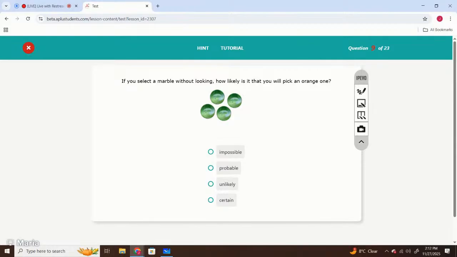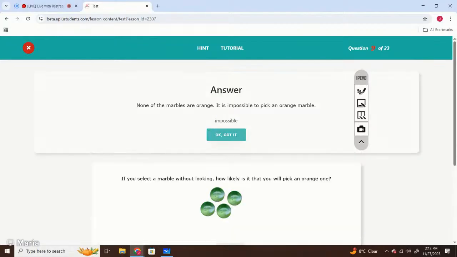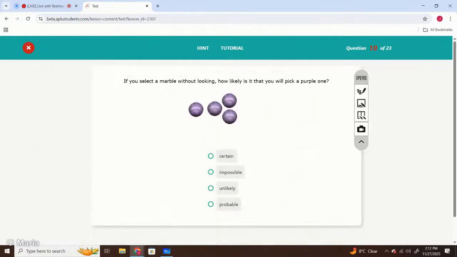So unlikely to select the orange one because we don't have orange, right? Sorry, not unlikely. Impossible. We don't have any orange here, so it is impossible.